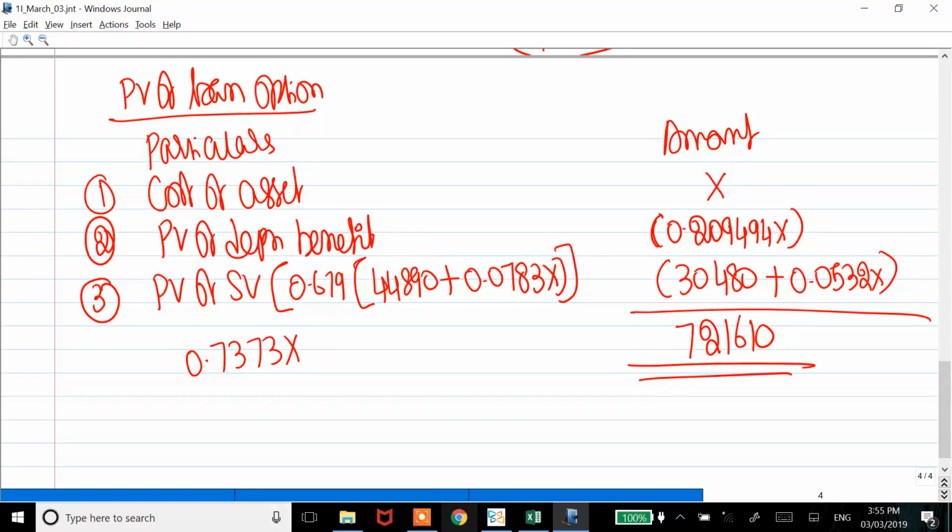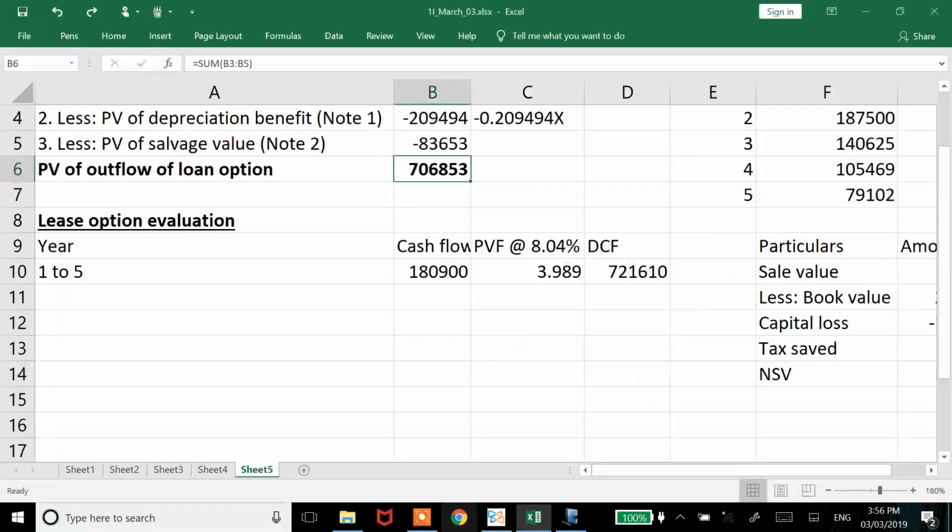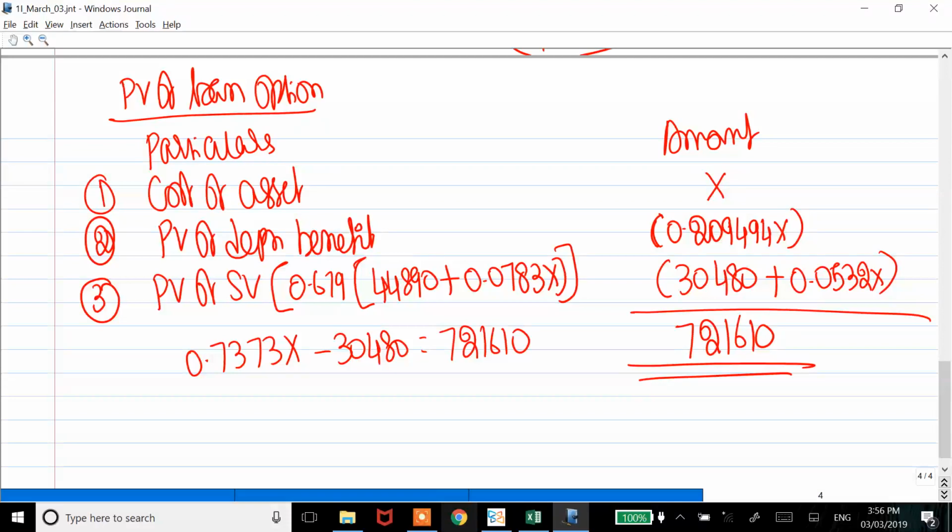What happened? 7373X. In that 7373, if you substitute 10 lakhs and subtract 30,480, you will get 706,820, which is the earlier number, 706,853.